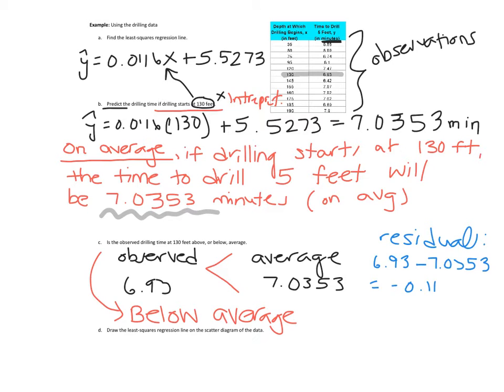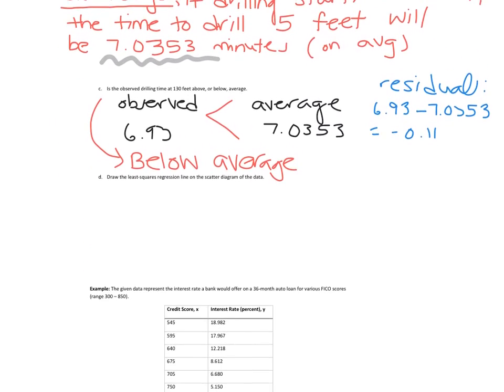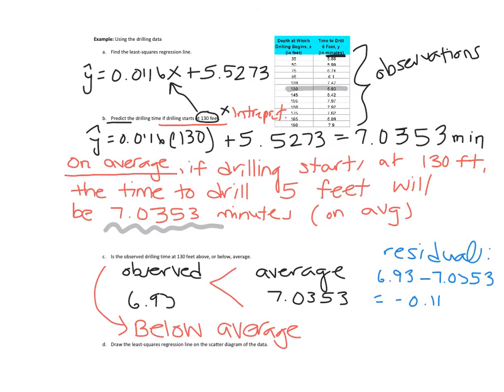All right, and then drawing the least squares regression line on the scatter diagram of the data, you guys can sketch in part D into the scatter diagram. You can also take what we did in part A, this line, and then graph the scatter diagram like we did in section 4.1 on your calculator, and then put this line in your y equals button.